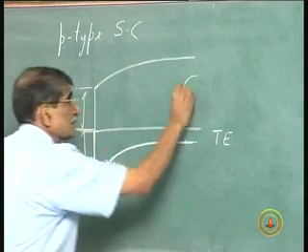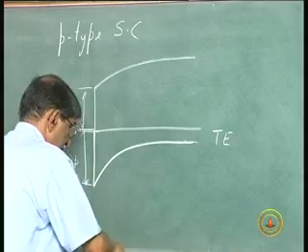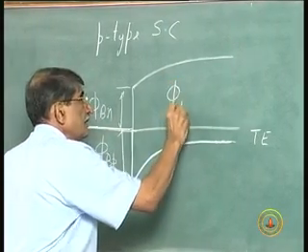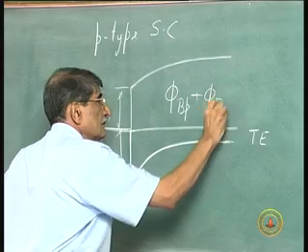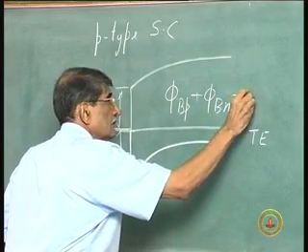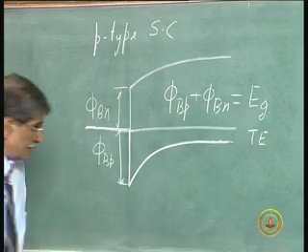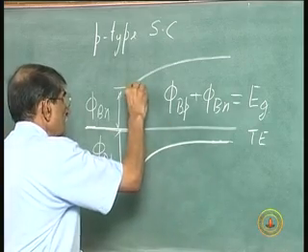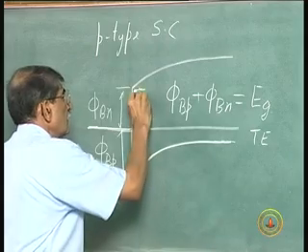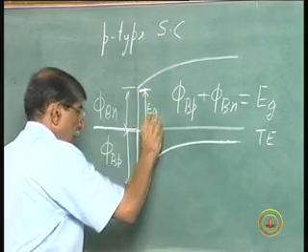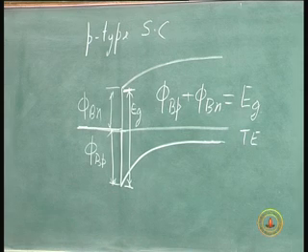So, in all the cases, the sum of phi BP plus phi BN is equal to EG, the band gap. Band gap is this one. Okay. So, that is the situation.